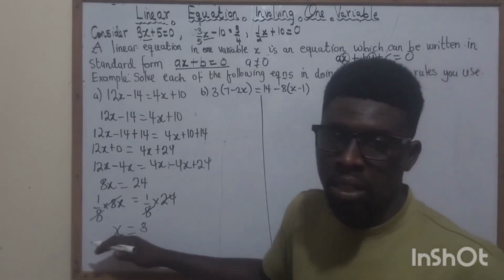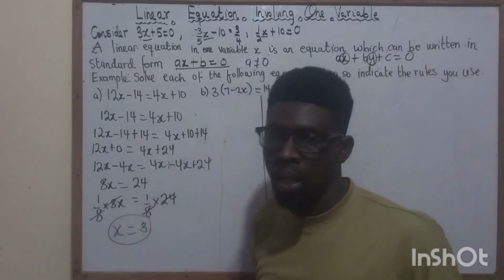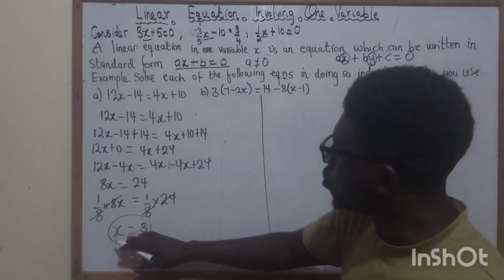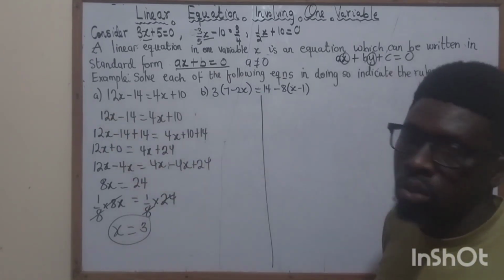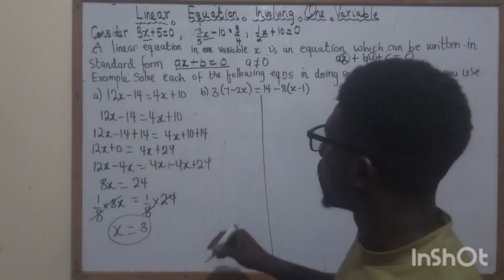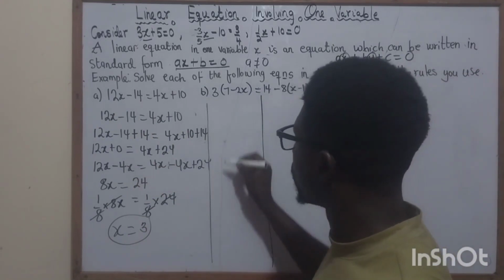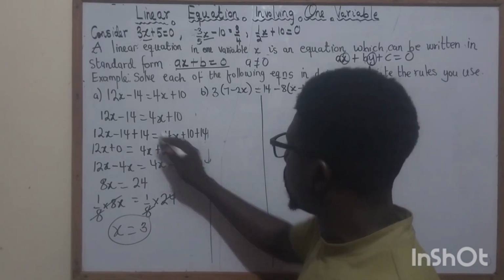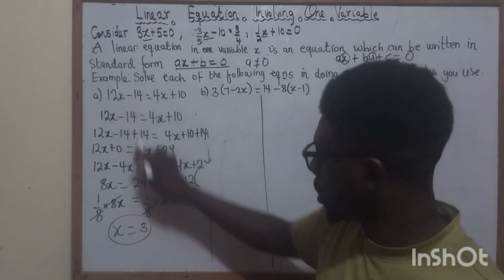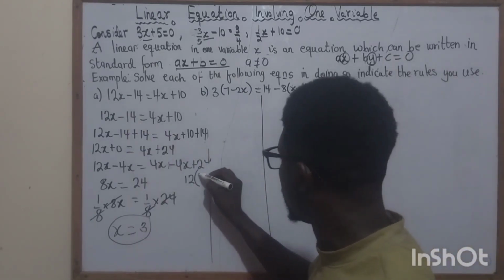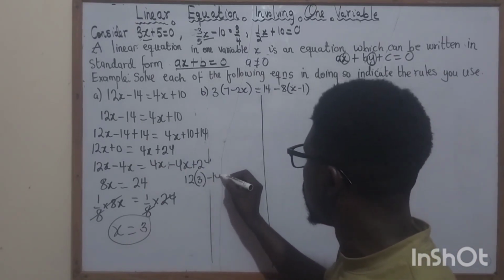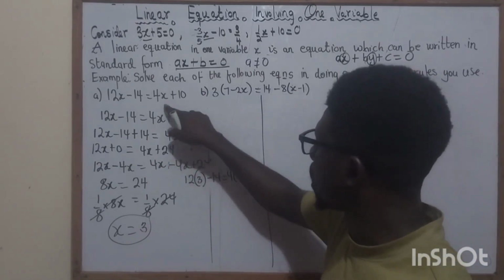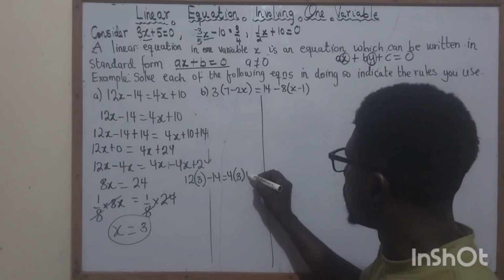We can do a fast check to find out whether this statement is true. So we put x equals 3 into the equation given to us. Here we have 12x, where x is, I'm going to put in 3, and 4x, another x, so I put 3, plus 10.